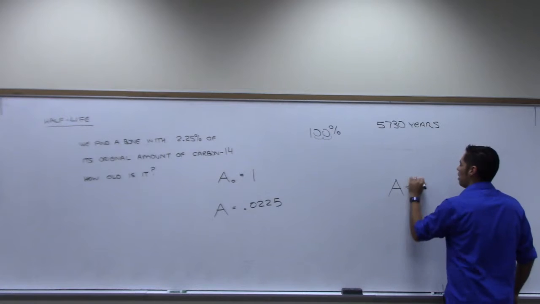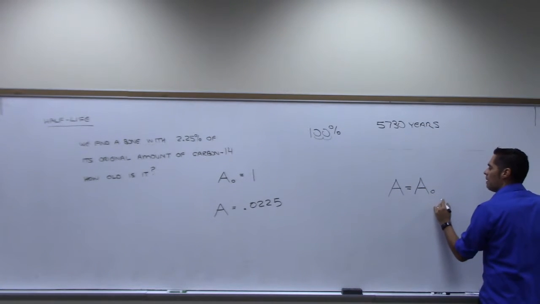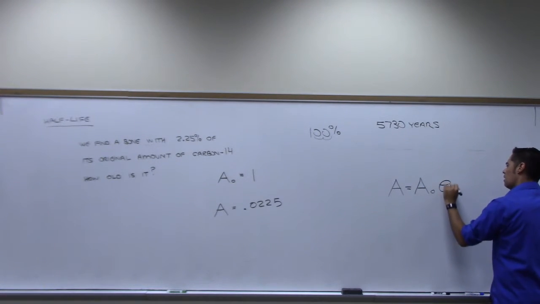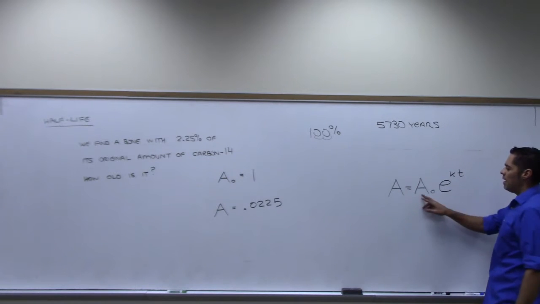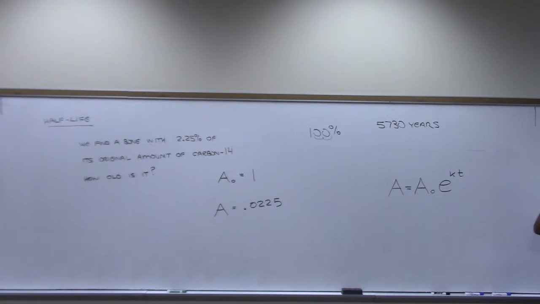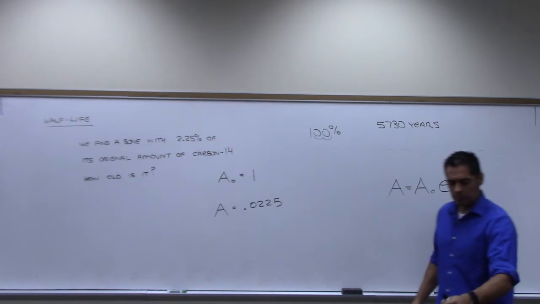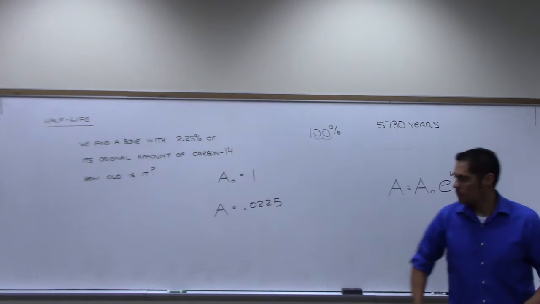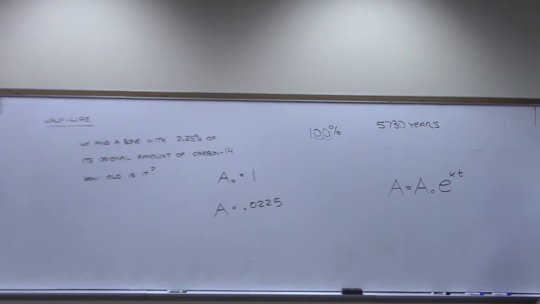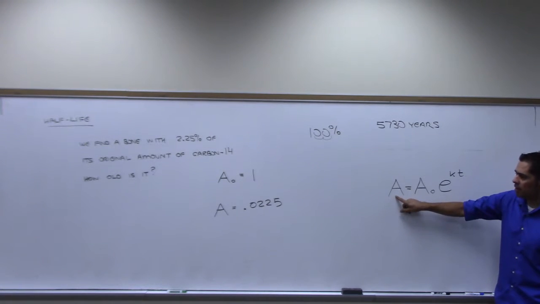So I'm using this formula. This is the PERT formula, replacing the P with A naught and the R with K. Is that okay? That's what we know, don't we? So we know this, right? Check.